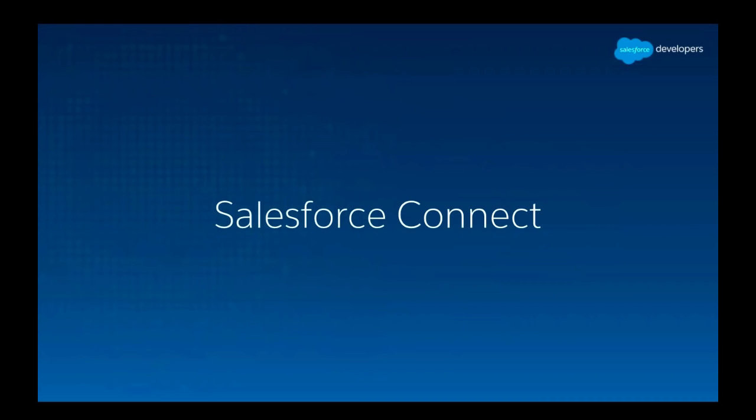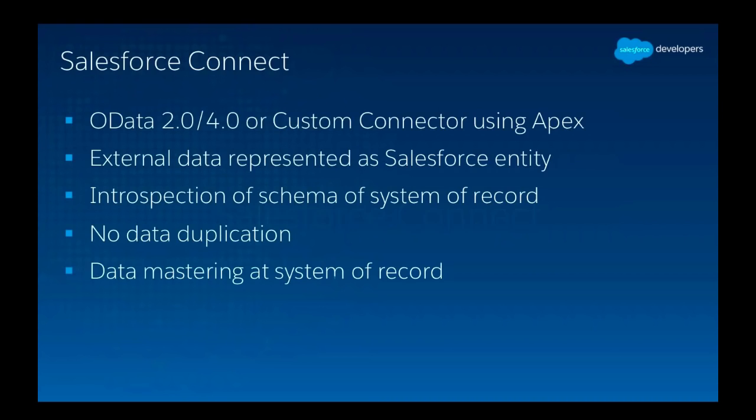Next thing I want to talk about is Salesforce Connect. So we're switching here now. Up to this point, I've been talking about how do you get to the Salesforce data from an external system. Now we're going to talk about how do you wire up Salesforce to an external system, right? So how do I essentially take data from an external system and then make it behave as if it is sort of native data in Salesforce? And this used to be a lot more complicated. It took a lot of writing of Apex and that sort of thing.